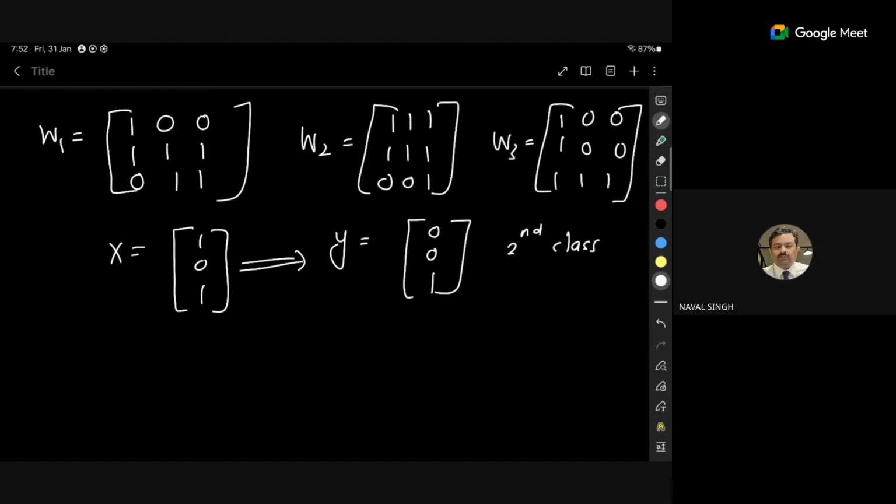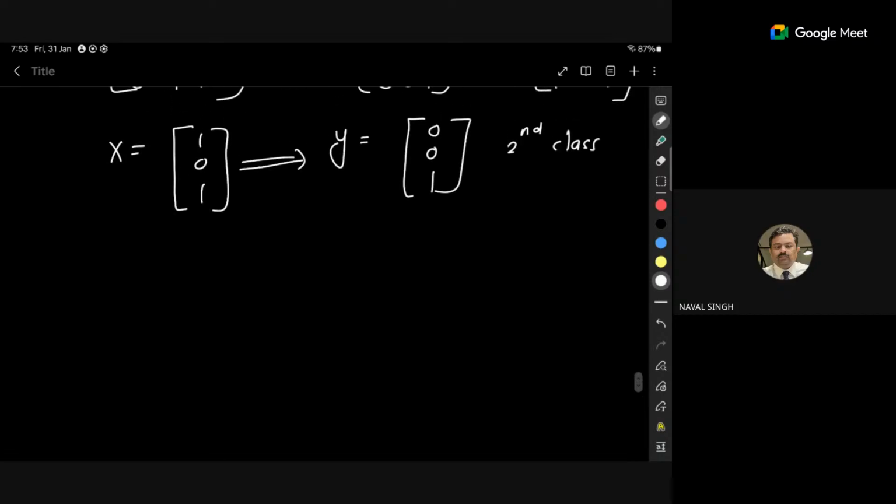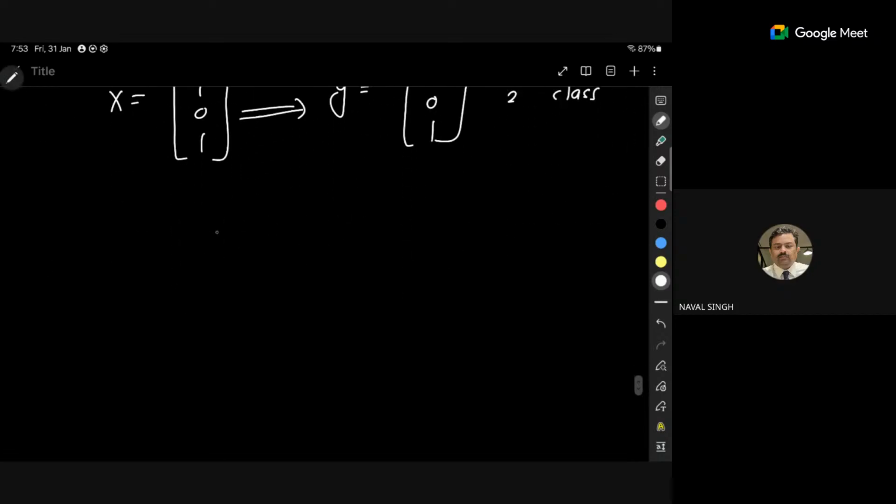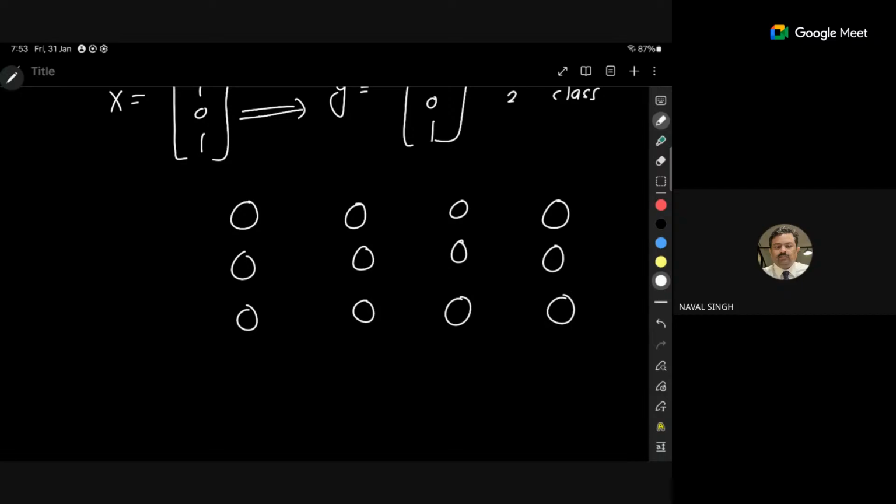Now what I'll do is, first, this is my neuron diagram, and finally I have three classes also. These are the W1s, all of them, not just this one.